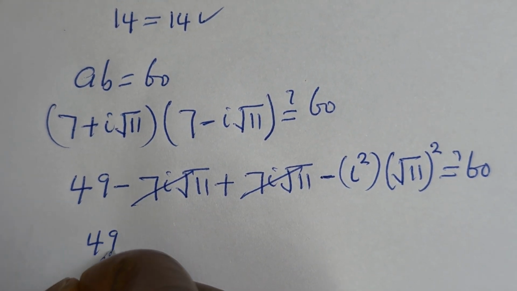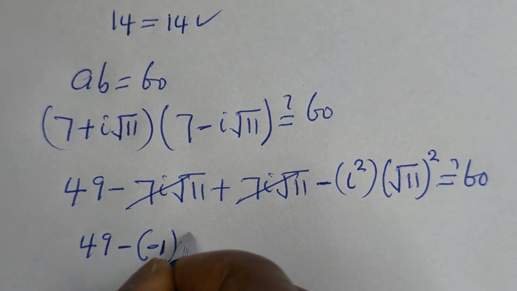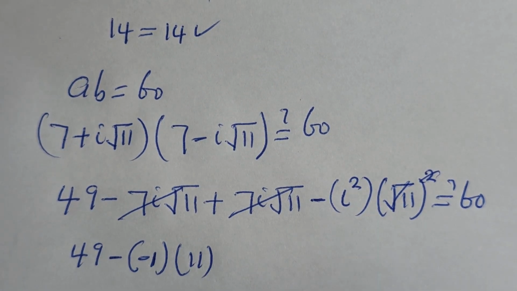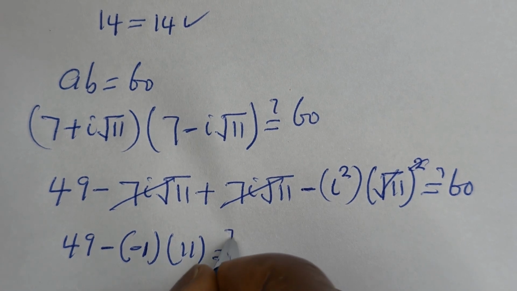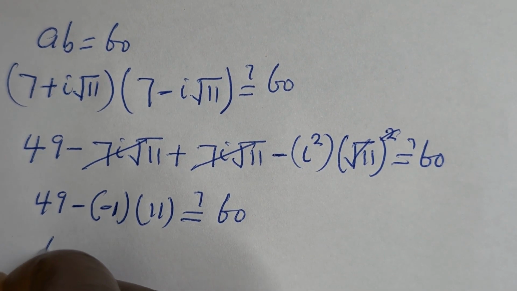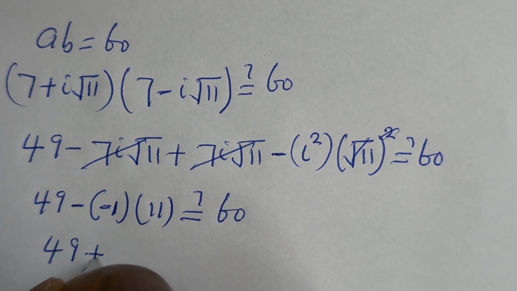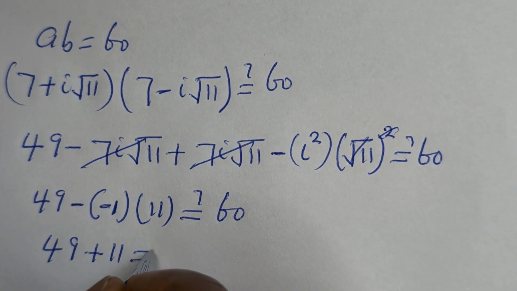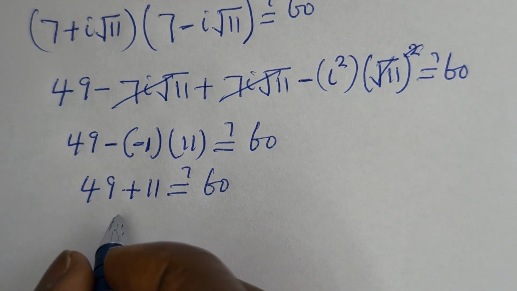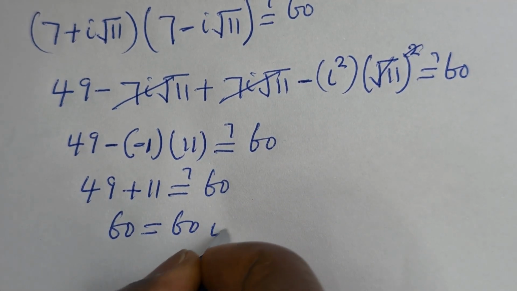We have 49 minus bracket I square is minus 1 multiplied by 11 must be equal to 60. This is 49 minus times minus 1 times 11. That will be plus 11 must be equal to 60. 49 plus 11, this is 60 is equal to 60, which is true.